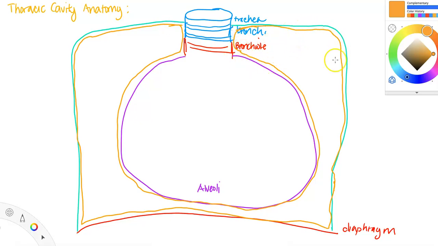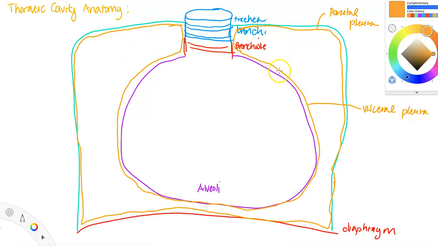When I make this drawing here, I don't have to lift up my pencil. So we know that this thing here is the parietal pleura, and this one is the visceral pleura.